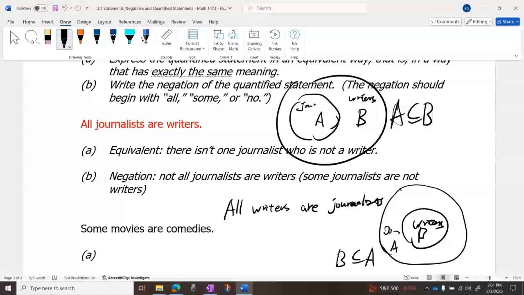You're trying to say all human beings are women, right? They are definitely not equivalent, because if two statements are equivalent, they should have the same truth values. But all women are human beings is true. All human beings are women is false. Did I answer your question? That's a very good question.